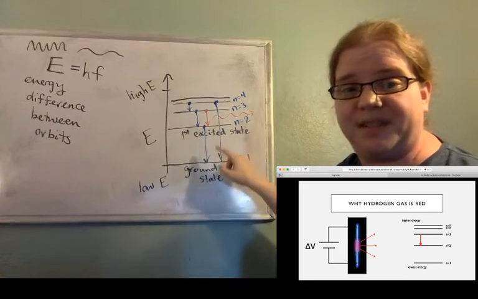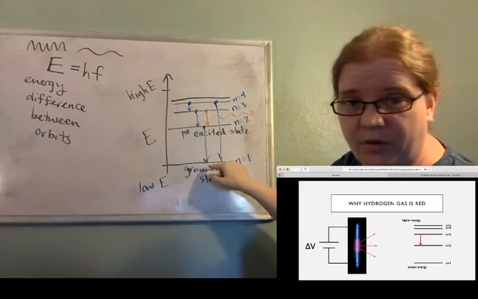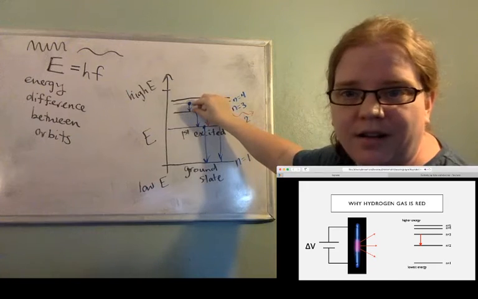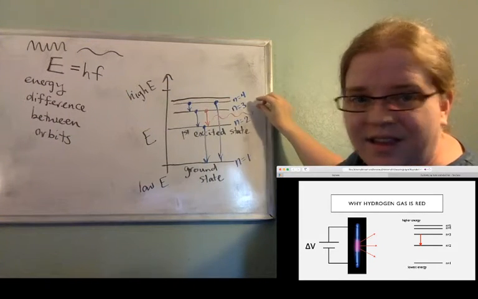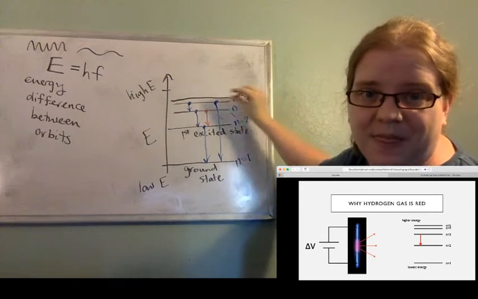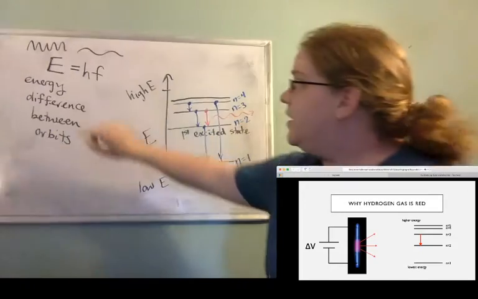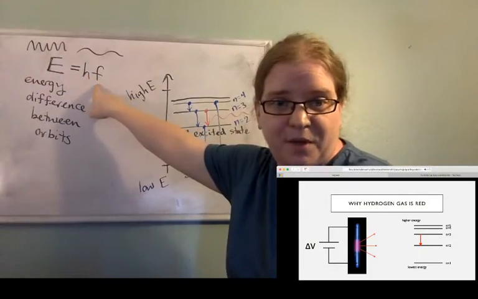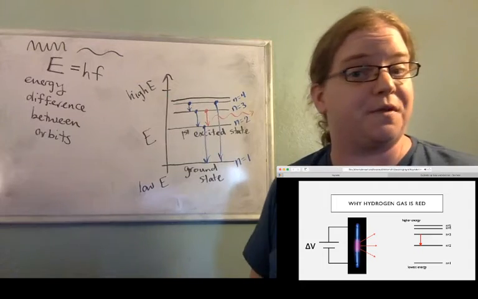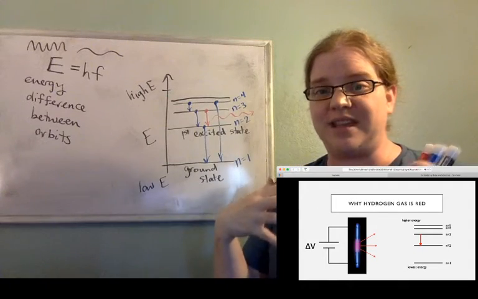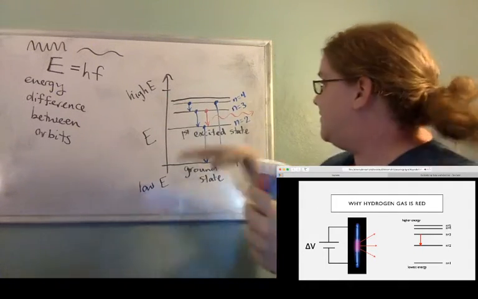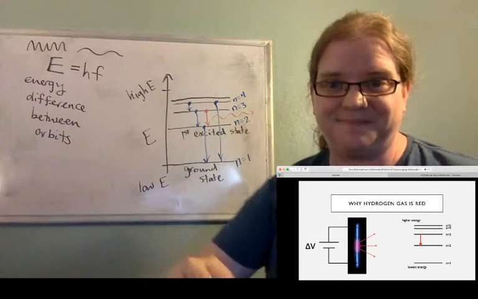We'll probably see something more like blue or purple. If we're here, between 4 and 3, this is a tiny energy drop. So small energy goes with small frequency, it actually will be infrared. Okay, so you can get different colors from these different transitions.